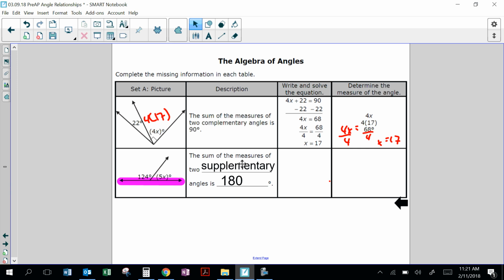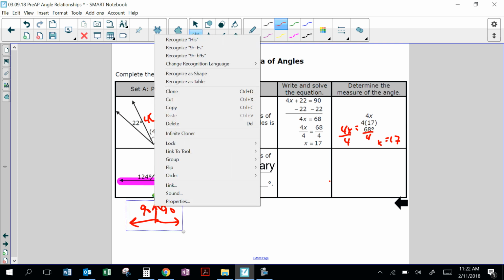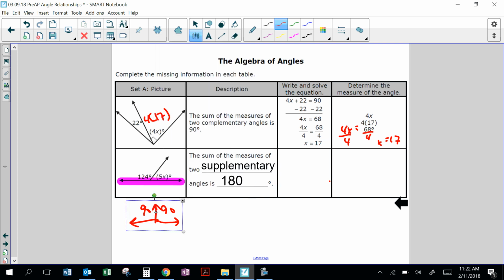The way I know that a straight line equals 180 degrees, and you may have learned this when you're learning acute, right, and obtuse angles in elementary school, is, when I used to teach this, I would make kids draw two adjacent right angles. This is 90, this is 90. Then I would make them erase this line right here. And 90 plus 90 is 180.